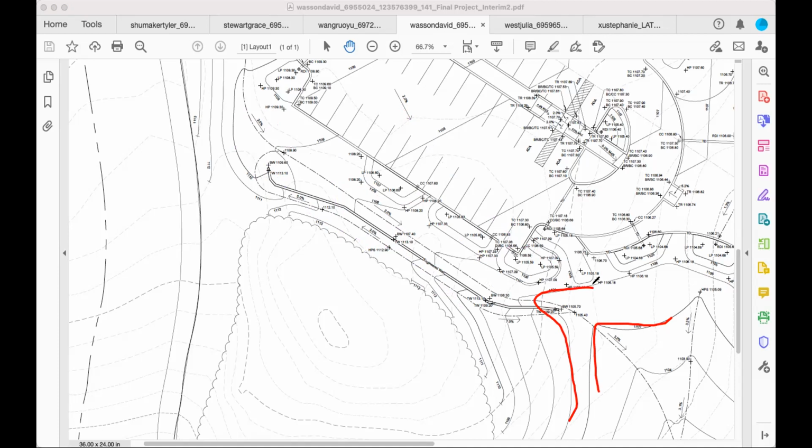Yeah, there are many walls. My 07 should be connecting back somewhere here. If that was the original plan, then 07 needs to come out over here.